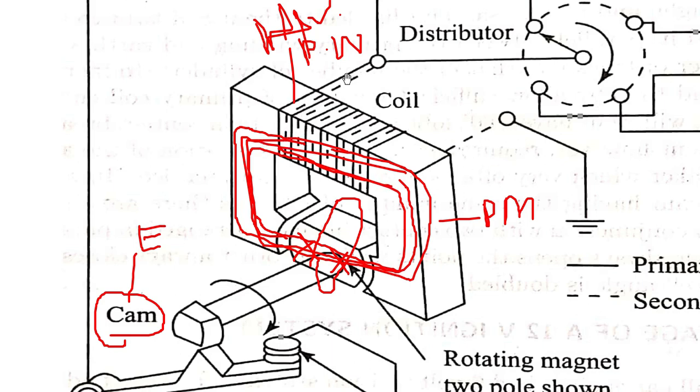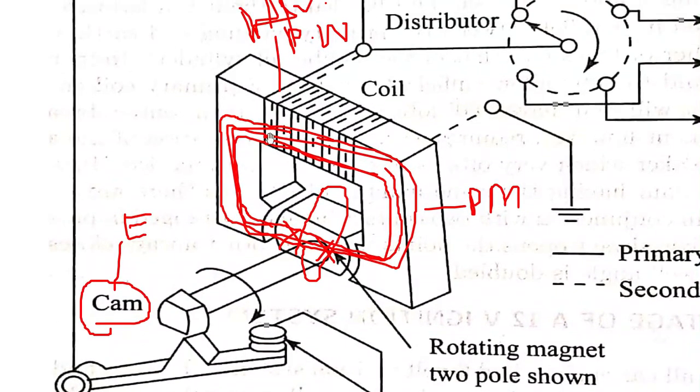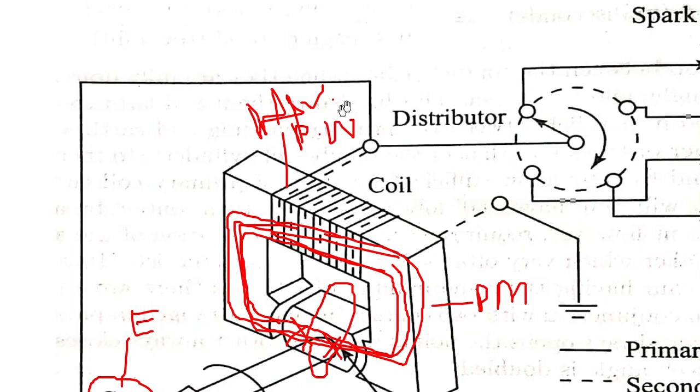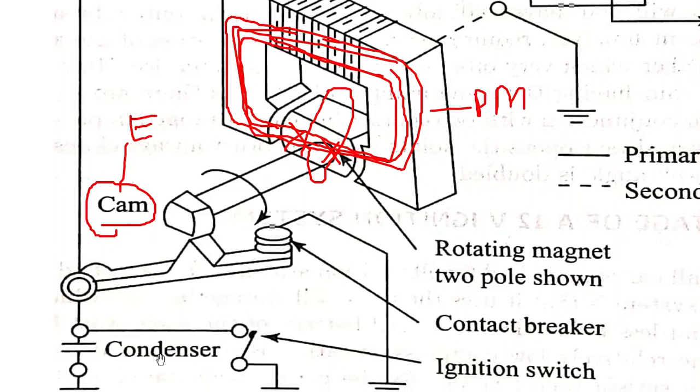Here you will also find a condenser is used, but as a very high voltage or high intensity current will be coming from this primary circuit, this condenser will be charged fast. This means increasing the speed charges this condenser very fast, unlike the battery ignition system.